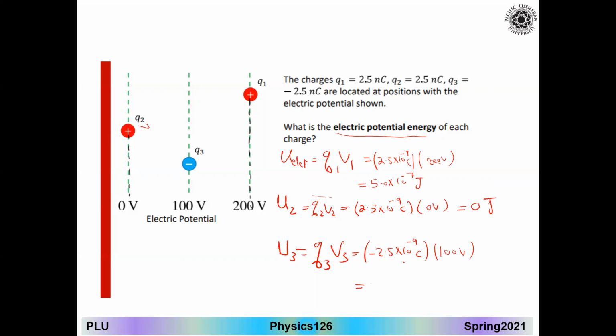We end up with 2.5 times 10 to the minus 7 joule. That's how we calculate the electric potential energy at any charge. That's the first example. And just before I forget, there is a minus here.